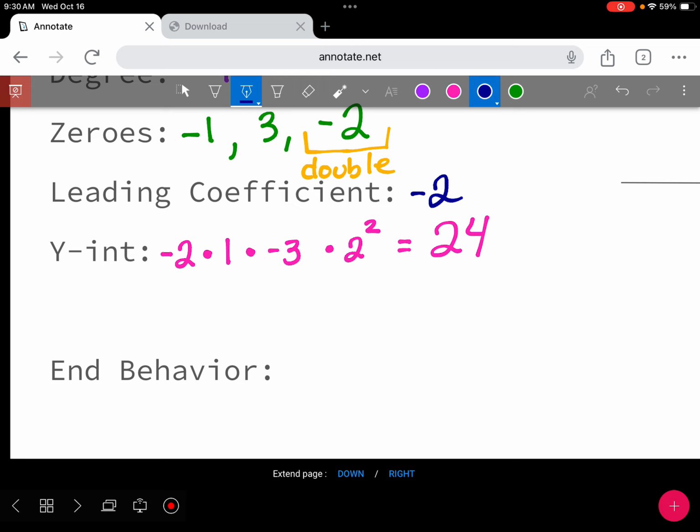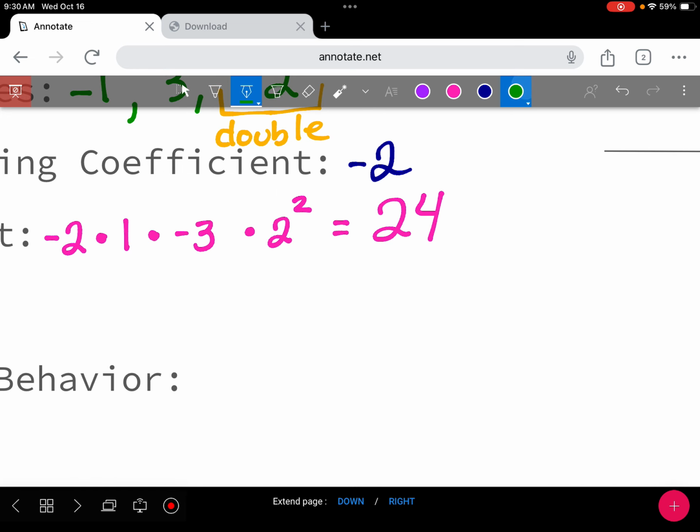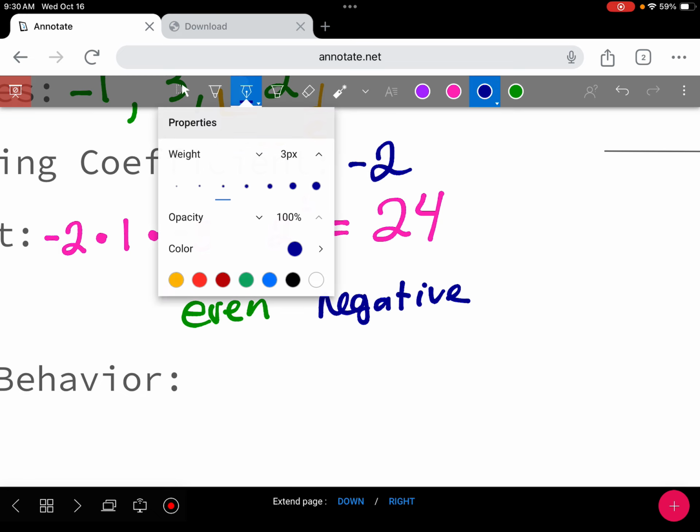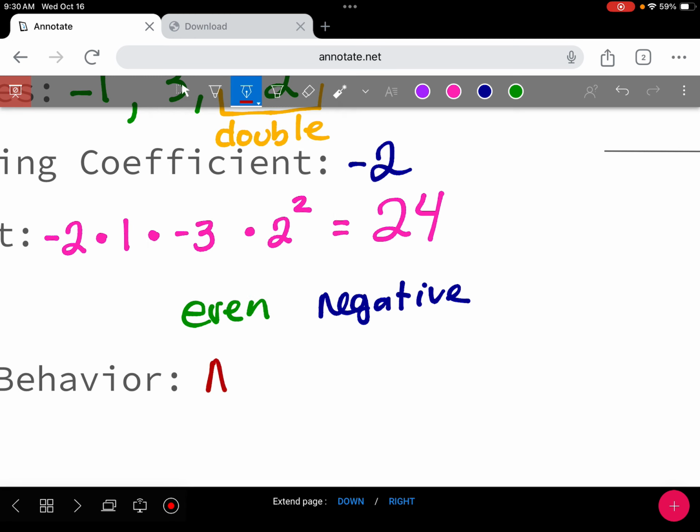So our end behavior is going to look like what? Are we even or odd? Even and negative. So as x approaches -infinity, f of x approaches -infinity.